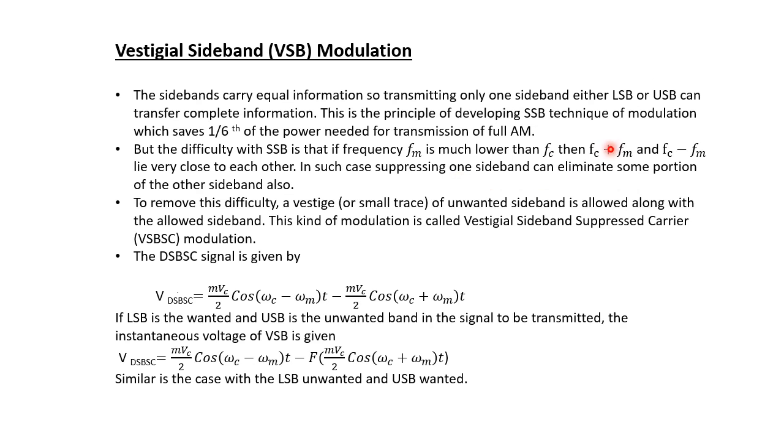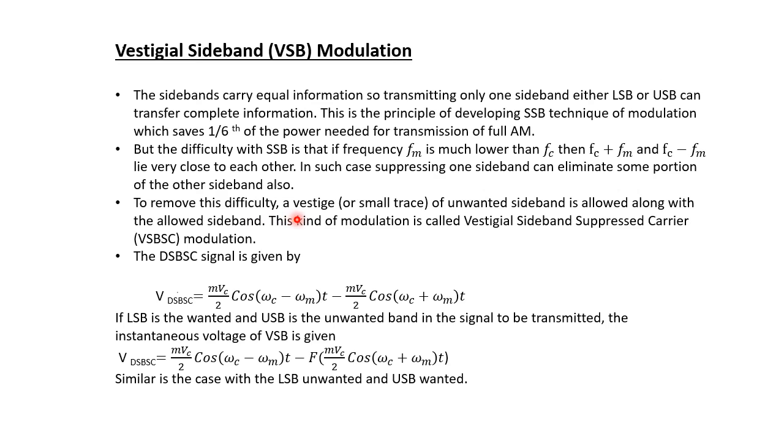Suppose we have to remove the upper sideband, and it is so much indistinguishable from the lower sideband that if we want to remove Fc plus Fm, then some part of Fc minus Fm is also removed, because they are indistinguishable to a great extent. So if Fc minus Fm is also removed, or some traces of lower sideband is also removed, then it means that some information about the modulating signal will be lost.